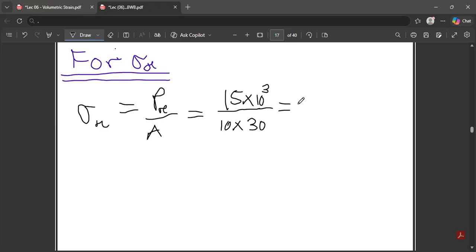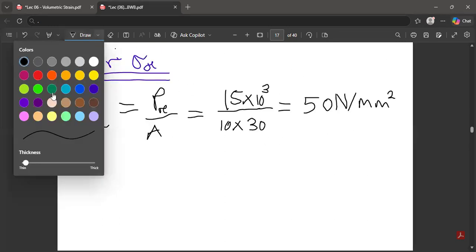So when you multiply this, you're going to get 50 Newton per millimeter squared. So that is the answer for our stress at X.